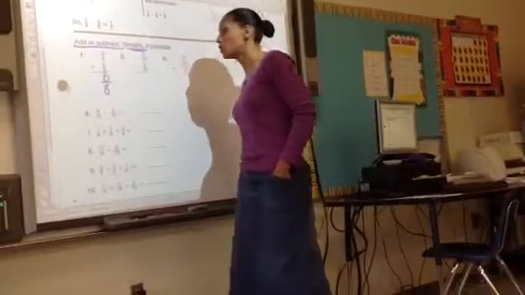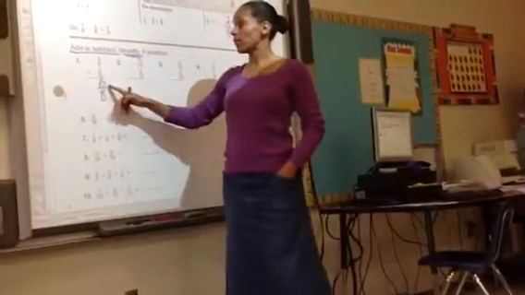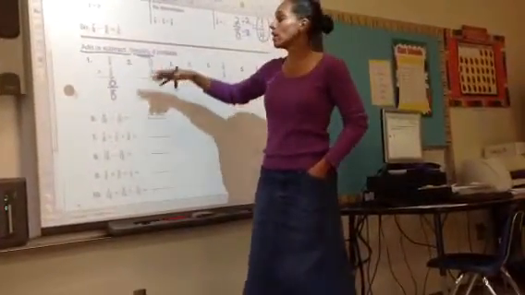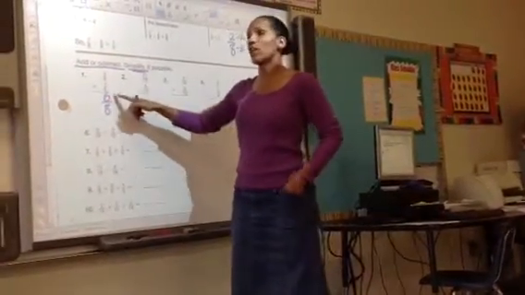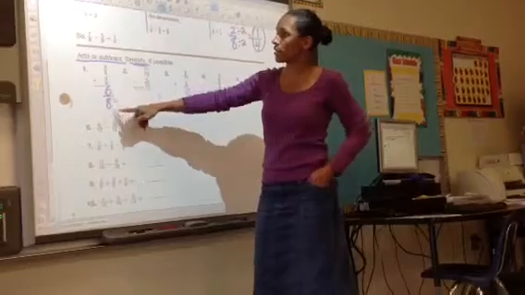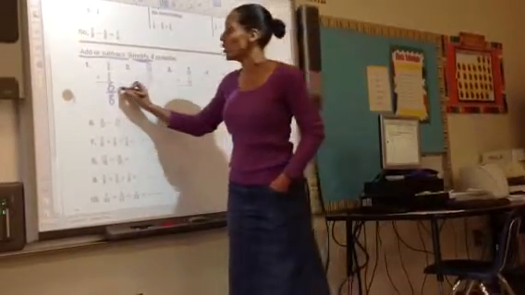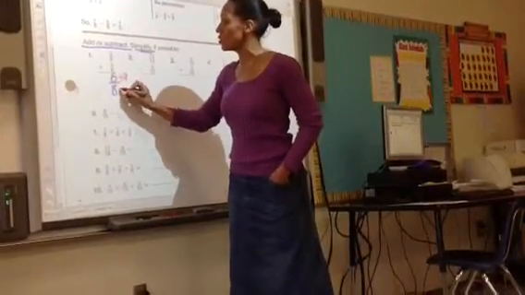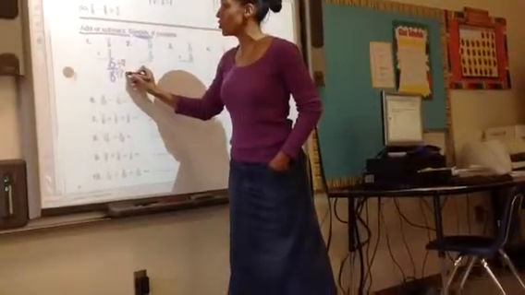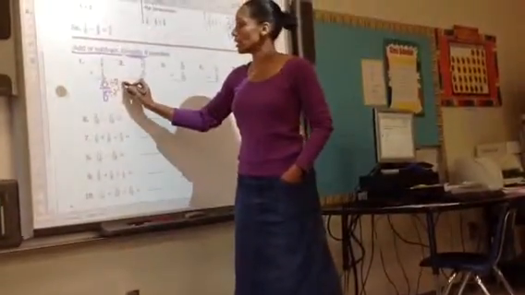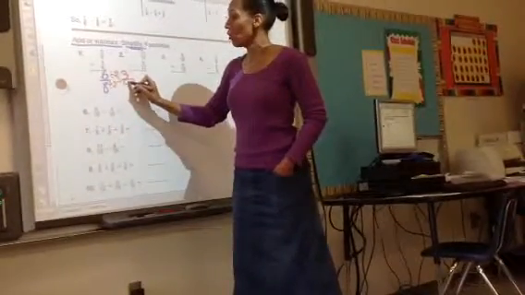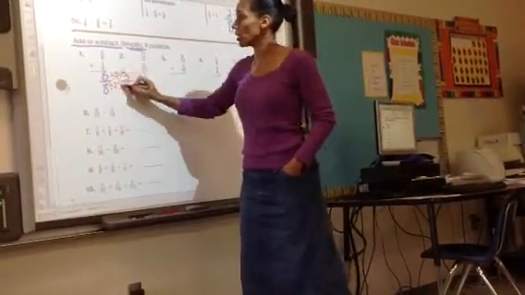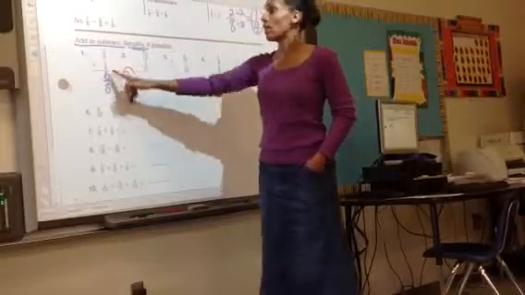I need to simplify, and to do that, I divide the numerator and denominator by the same number. I think of the greatest common factor that 6 and 8 have, and I know it's 2. So I'll divide by 2, divide by 2. How many 2's are in 6? 3. How many 2's are in 8? 4. And when I look at 3/4, I know it's in its simplest form. That will be my answer.